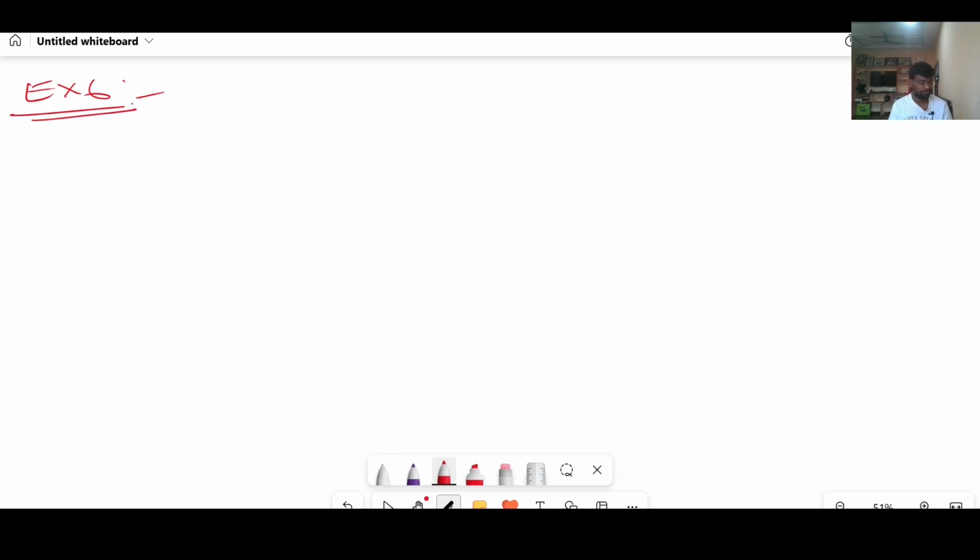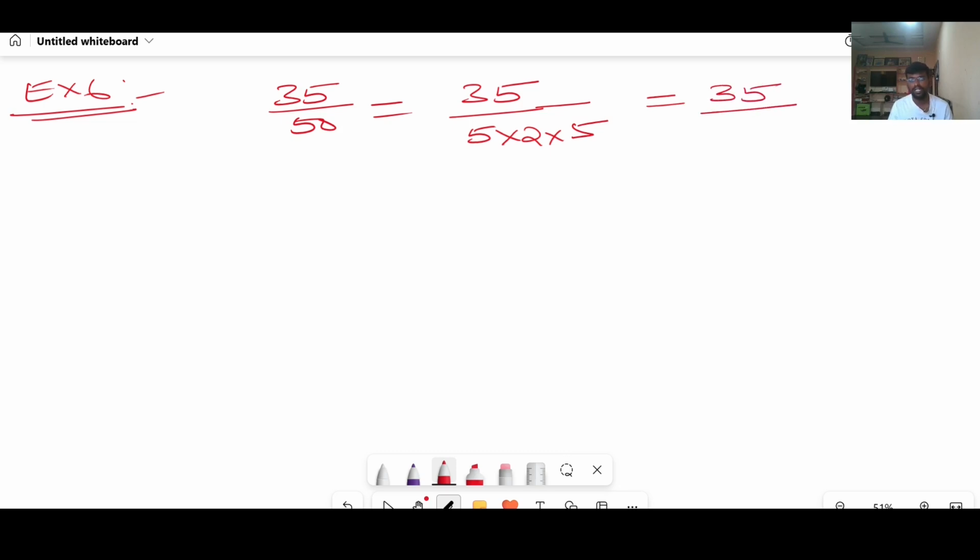Example 6. Write the decimal form of 35 by 50. Can I write 50 as 5 into 2 into 5? 5 twos are 10, 10 fives are 50. I will multiply this number by another 2.